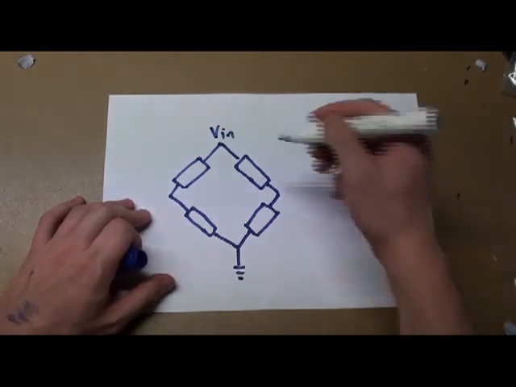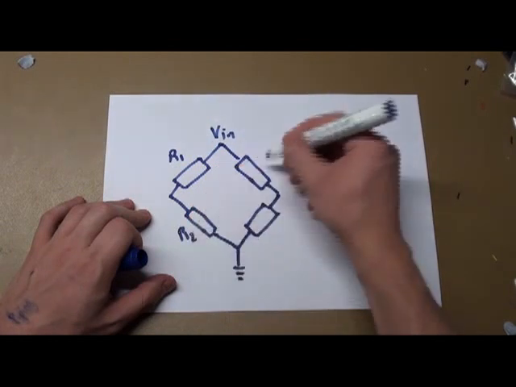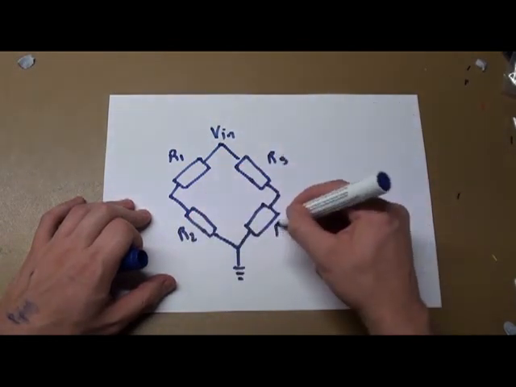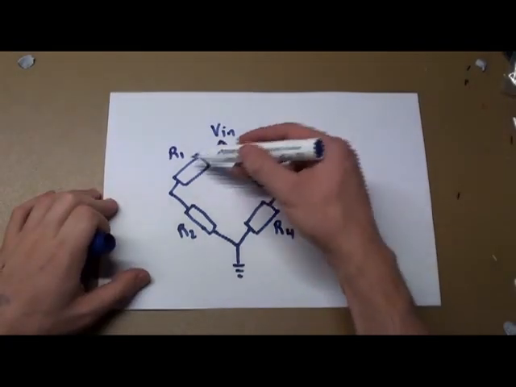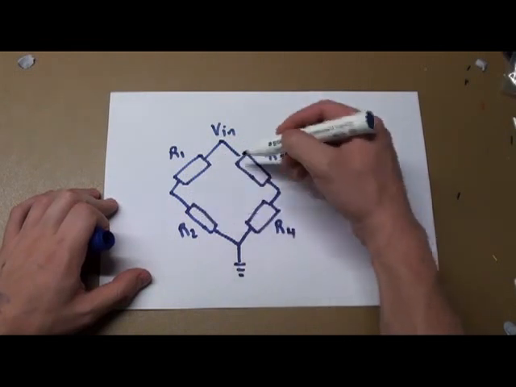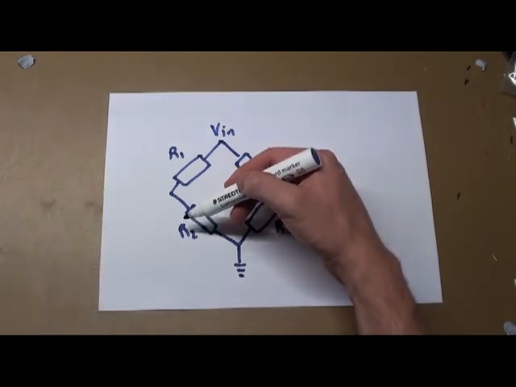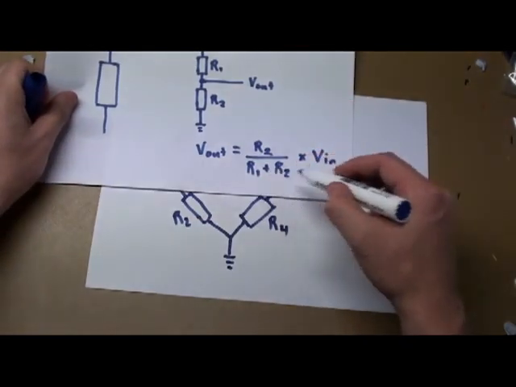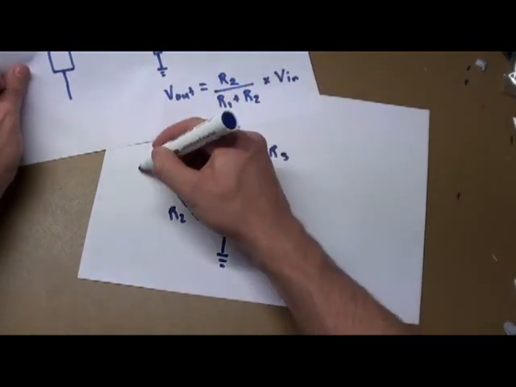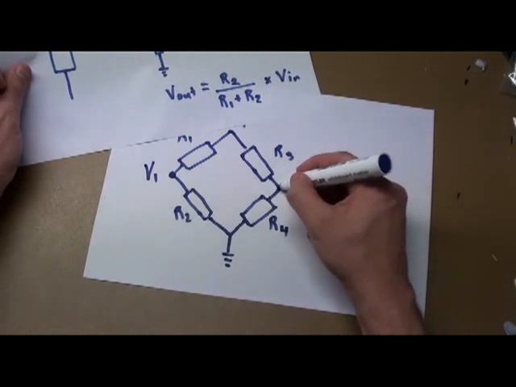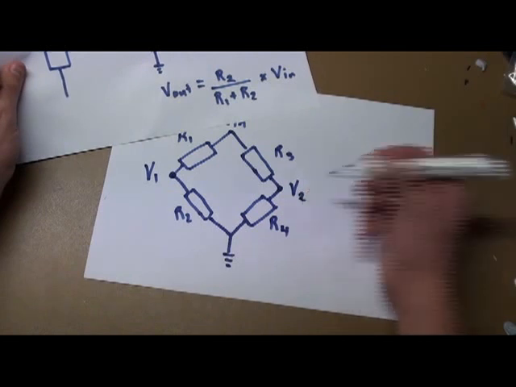Let's say R1, R2, R3, and R4. It should be pretty obvious that we have one voltage divider on this side and one on this side. If we knew the values of R1 and R2, we can use this formula from before to work out the voltage here. We'll call this V1. And using these two, we can work out the voltage here. We'll call it V2.